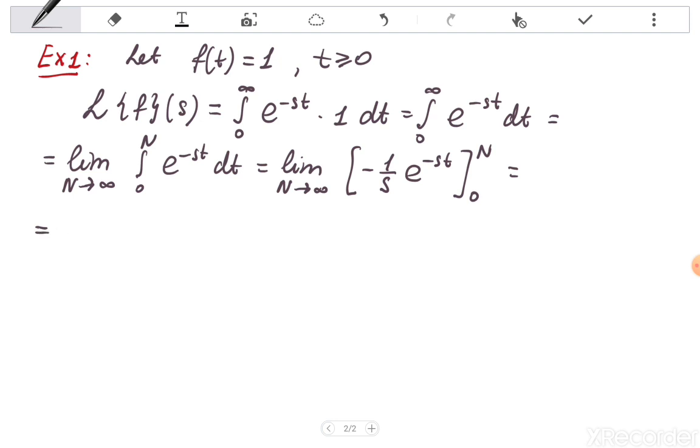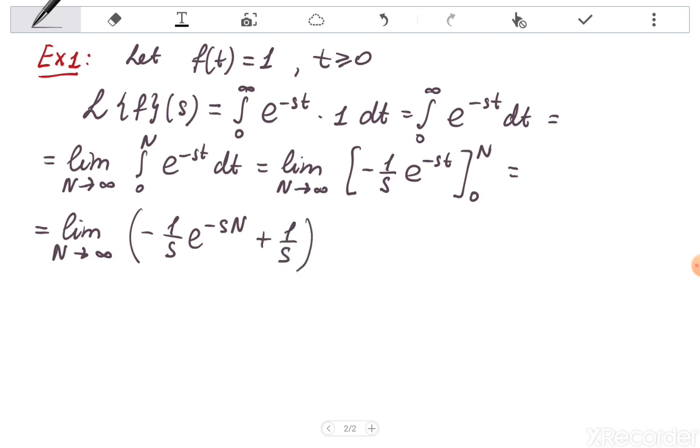Now let's substitute the values. When we substitute n, we get e to the minus sn. Minus, when we substitute 0, we have just minus 1 over s. With this minus it will be plus 1 over s.